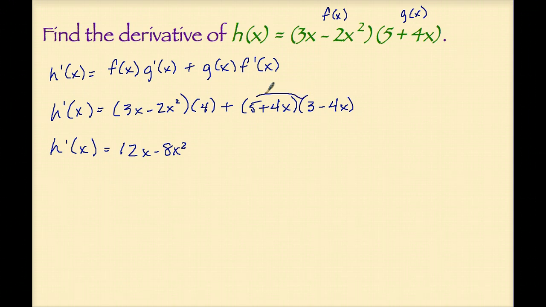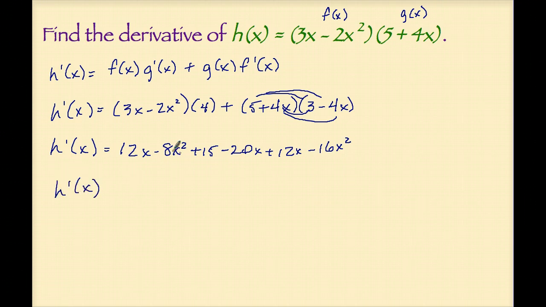Over here, when we FOIL these terms, we're going to have plus 15 minus 20x plus 12x minus 16x squared. Combining like terms, we do have two x squared terms, so this gives us negative 24x squared. We have 1, 2, 3 x terms. 24 minus 20 is a positive 4x, and then plus 15. And that is the derivative of h of x.